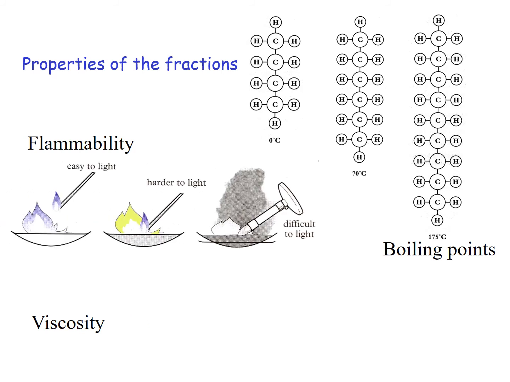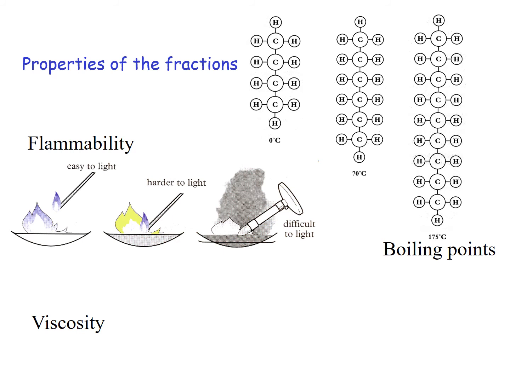We're now going to look at flammability. Flammability is all to do with how easily something sets on fire. Now, if you think of the gases like butane that are used in camping stoves, gas barbecues, lighters, things like that, they're very, very easy to set on fire. So they have a high flammability.